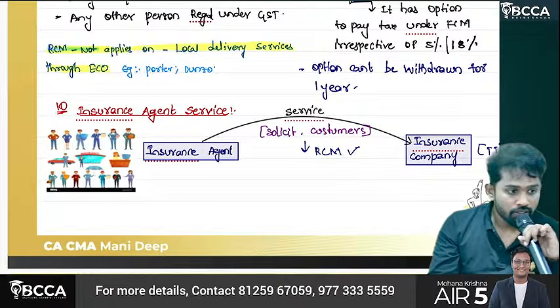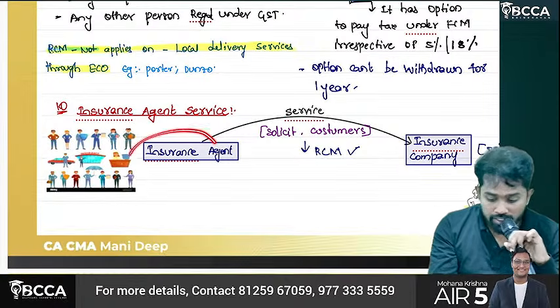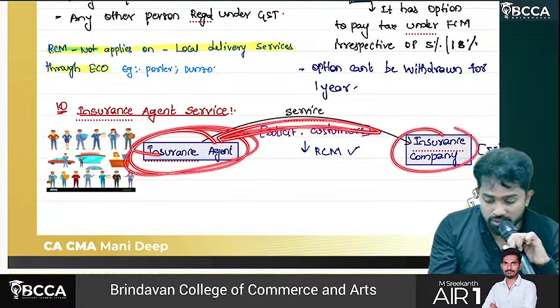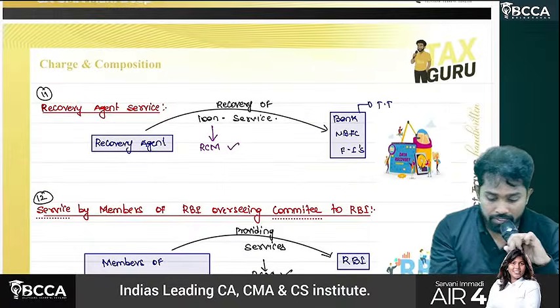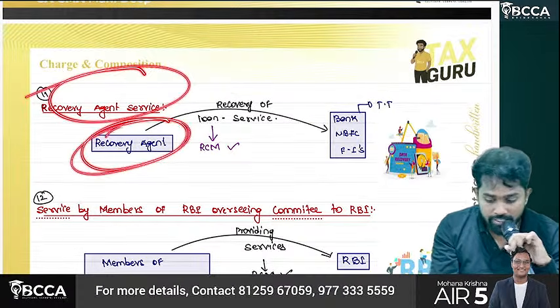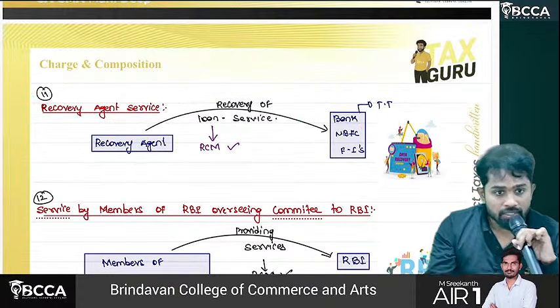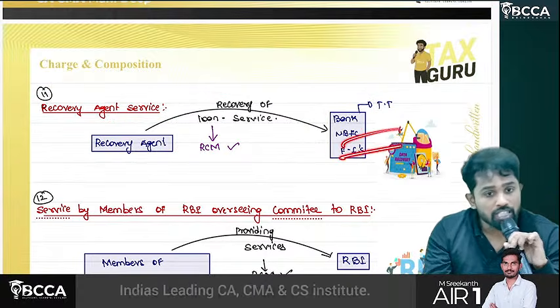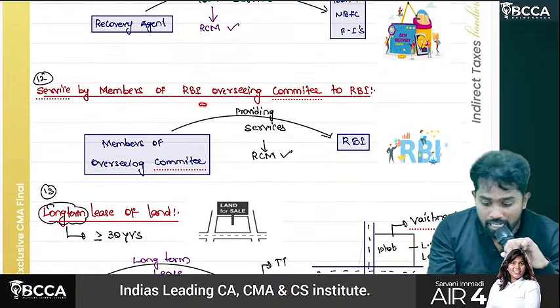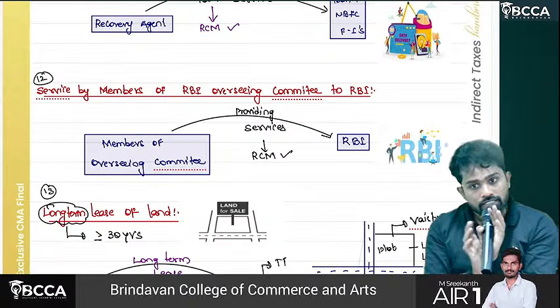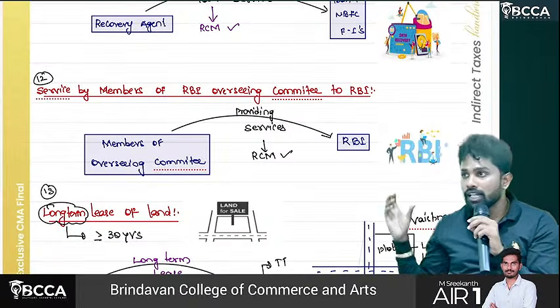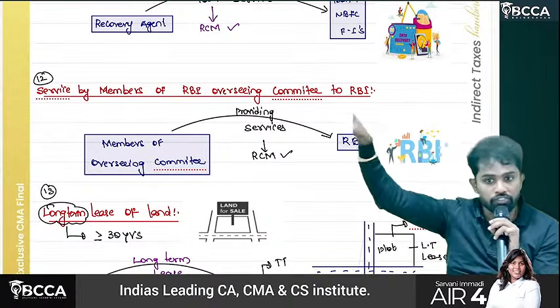Then insurance agent service, where an insurance agent is providing services to an insurance company, that also covered under RCM. Then recovery agent service, where a recovery agent is providing services to bank, NBFC, financial institution, that also covered under RCM. Then RBI overseeing committee. Sir, RBI, to take various decisions, will hire experts from different places.